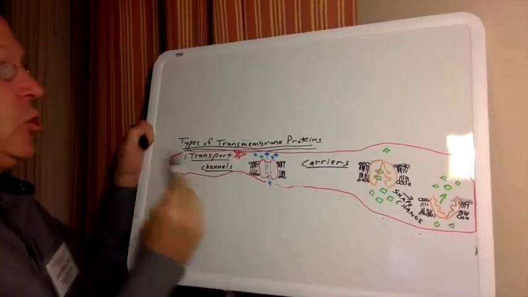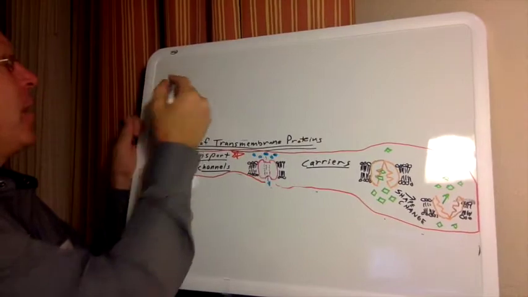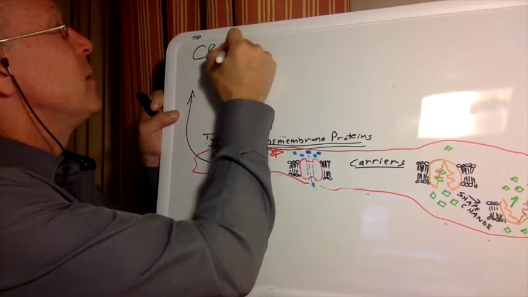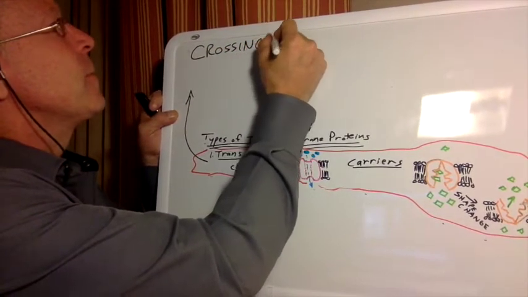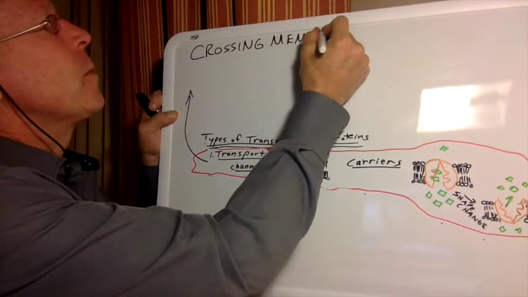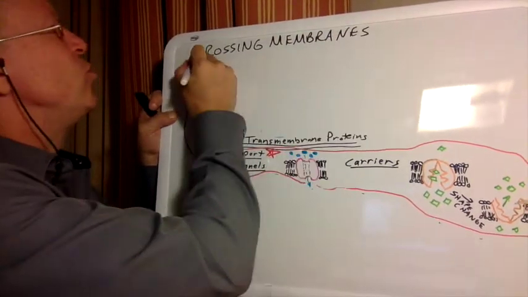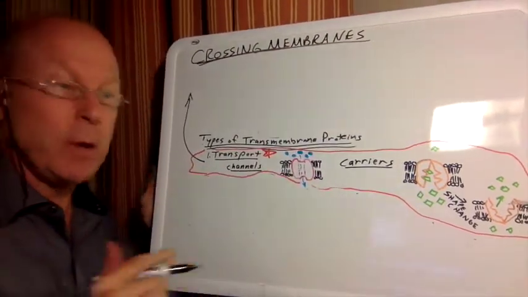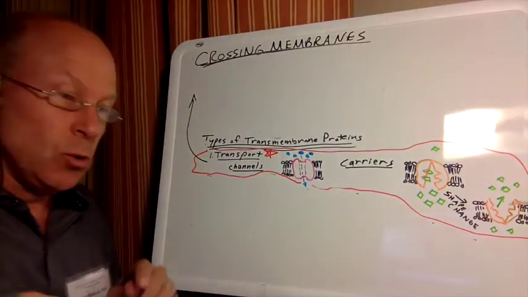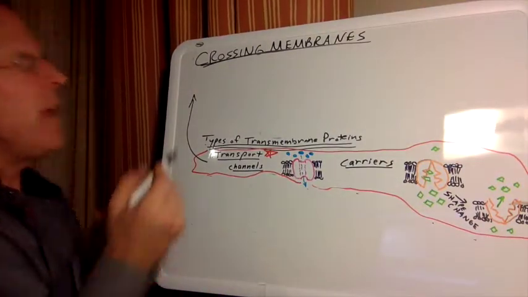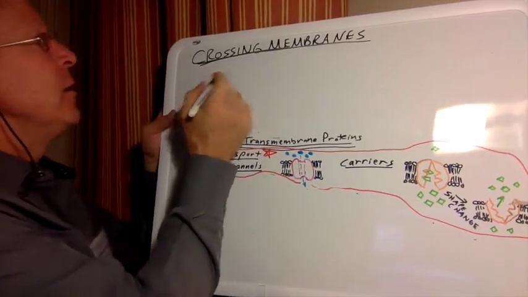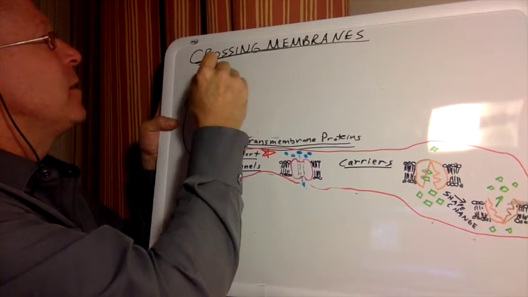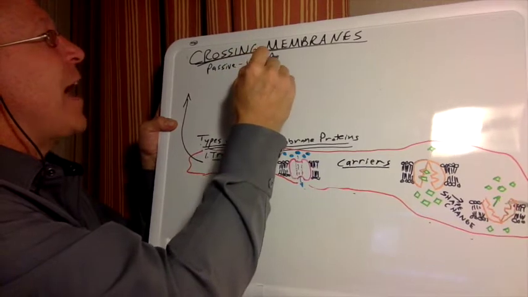And really what I want to do with this transport concept then is create this section, crossing membranes. So how do substances cross membranes? This is in the same chapter that we're in, chapter 7. And what we want to do is lay this out into several obvious categories. So we want to look at passive versus active.